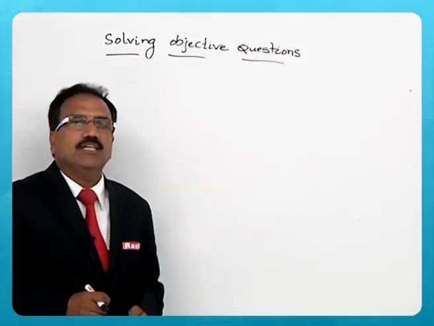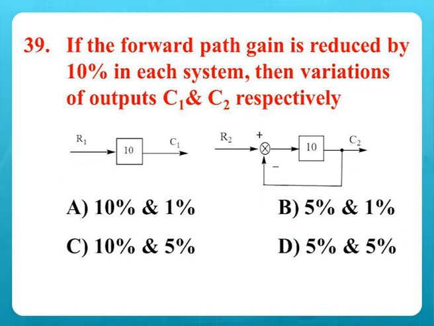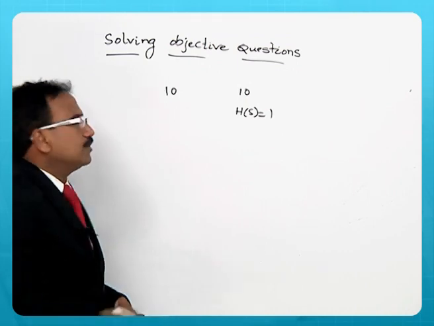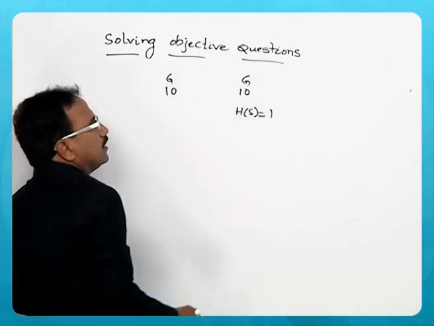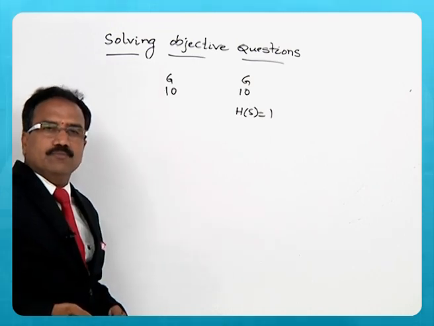Question number 39: if the forward path gain is reduced by 10% in each system that is given here. One is an open loop control system whose gain is given as 10, and in the other case also 10, but it is a closed loop control system with feedback 1. So this 10 is G, and H of s is 1 in the case of the closed loop control system.